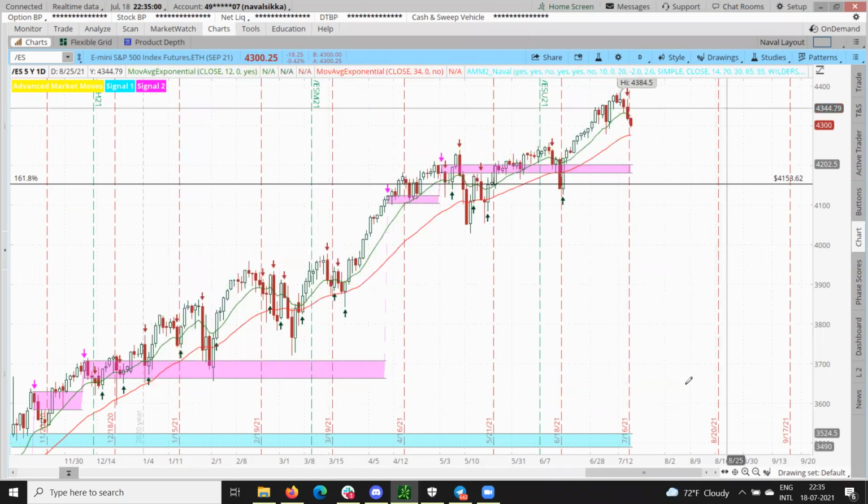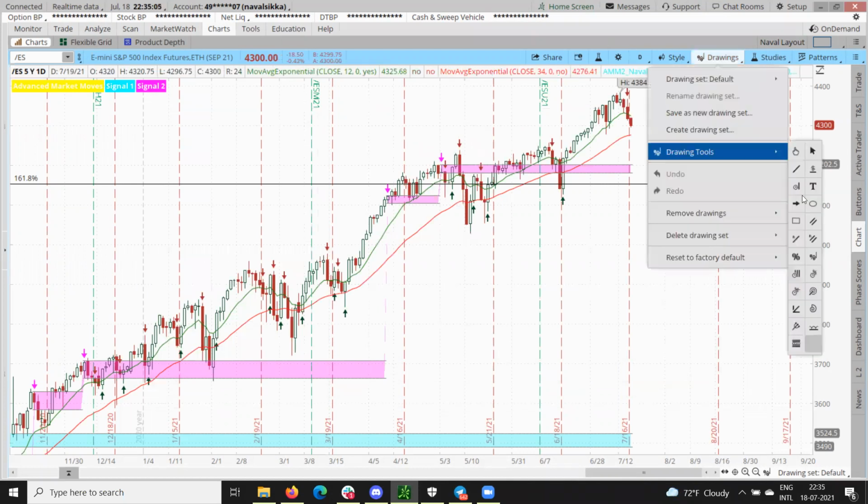Then I tend to use a couple of drawings. One of them is Fibonacci retracement. Then I use Fibonacci extensions, and then I use regression channels. I will show you how I use them and what the benefit is of using them the way I do.